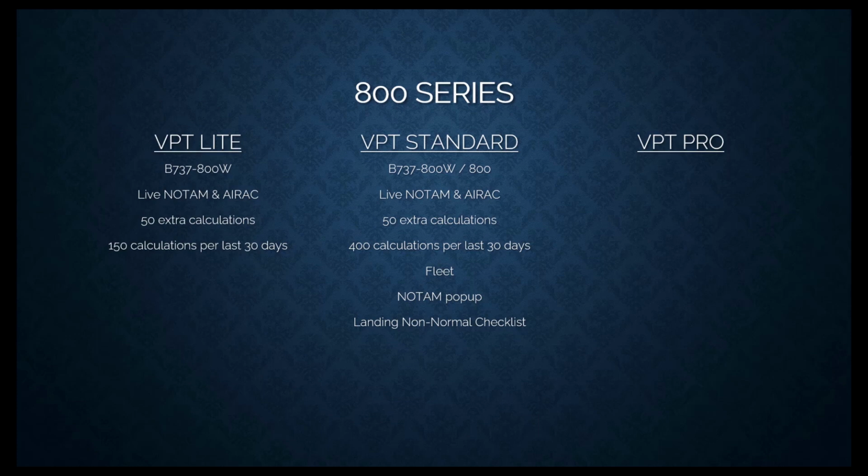And also you have access to some first failures, which is the landing non-normal checklist. So if you're in the air and something goes wrong, you lose your hydraulics, you lose one engine, you can refer to the QRH and then use the landing non-normal checklist feature to have the correct landing calculation in those non-normal conditions.